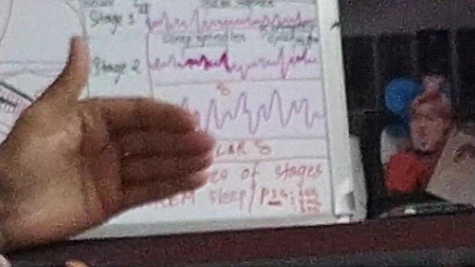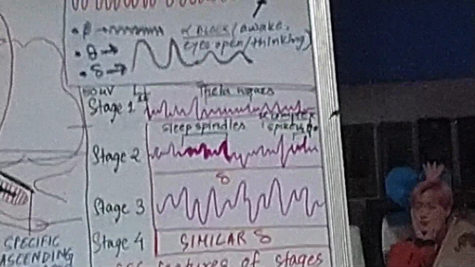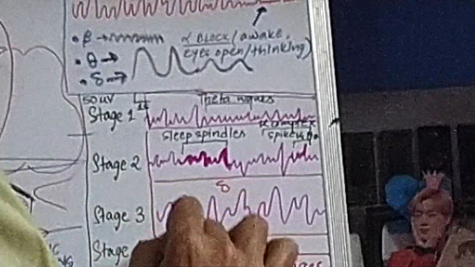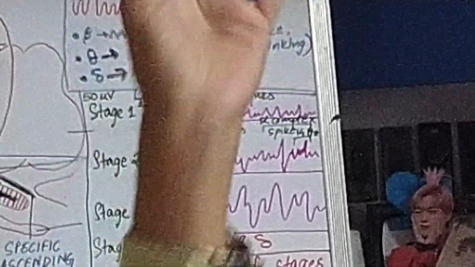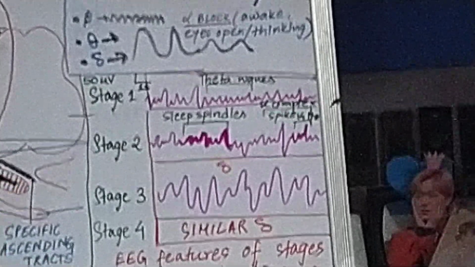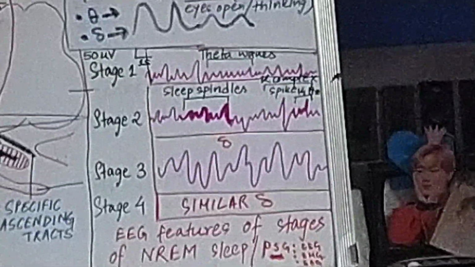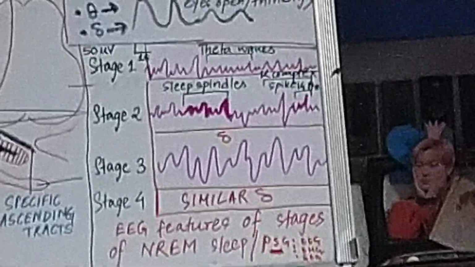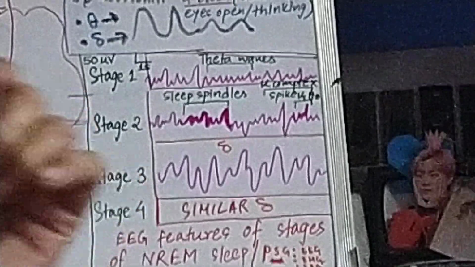Now from stage 3 onwards, the EEG waves become very, very slow but of very high amplitude, showing the classical delta wave. As I told you in the last class, the delta wave has a very high amplitude, more than 100 microvolt, and the frequency is very low, 1 to 4 Hertz or nearly 1 to 3 Hertz.